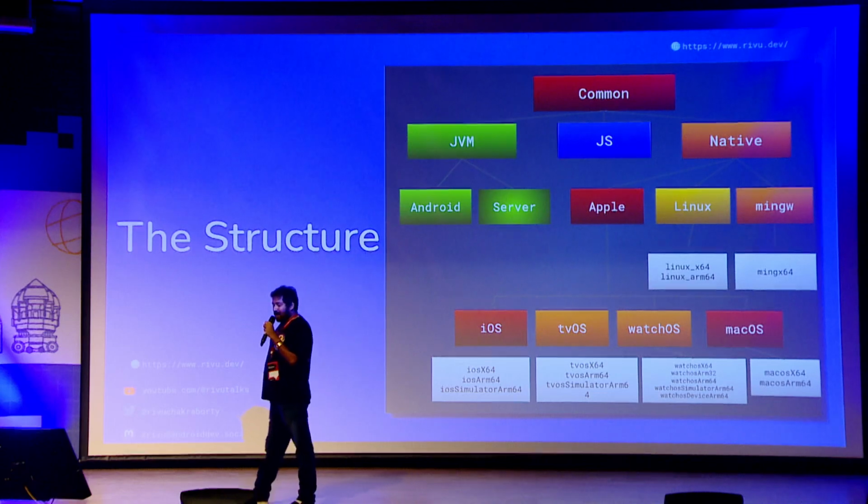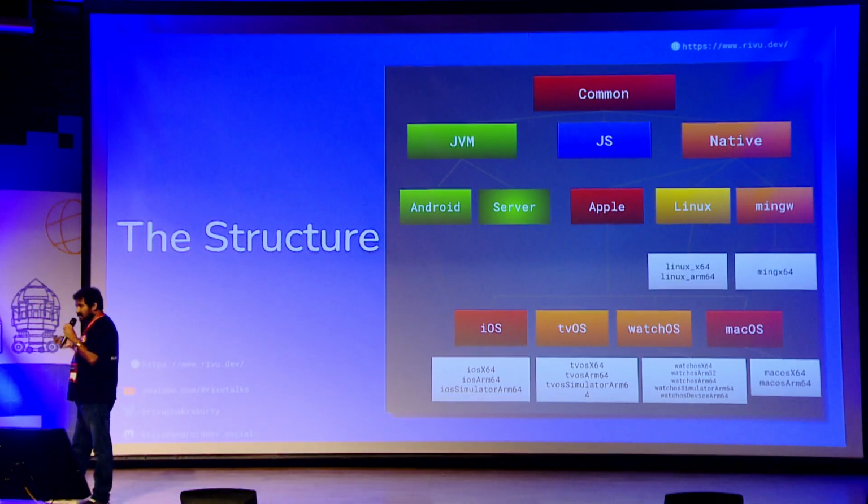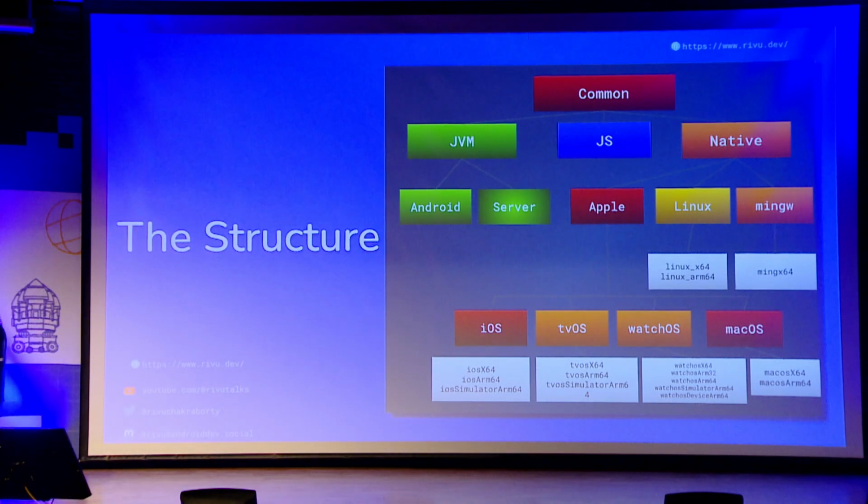So yeah, you can use KMP with Next.js or any JS framework or whatever you have, right? In native, it supports Linux, MinGW, which is indirectly Windows, and Apple devices. On Apple devices, it supports everything. All are listed here, right?